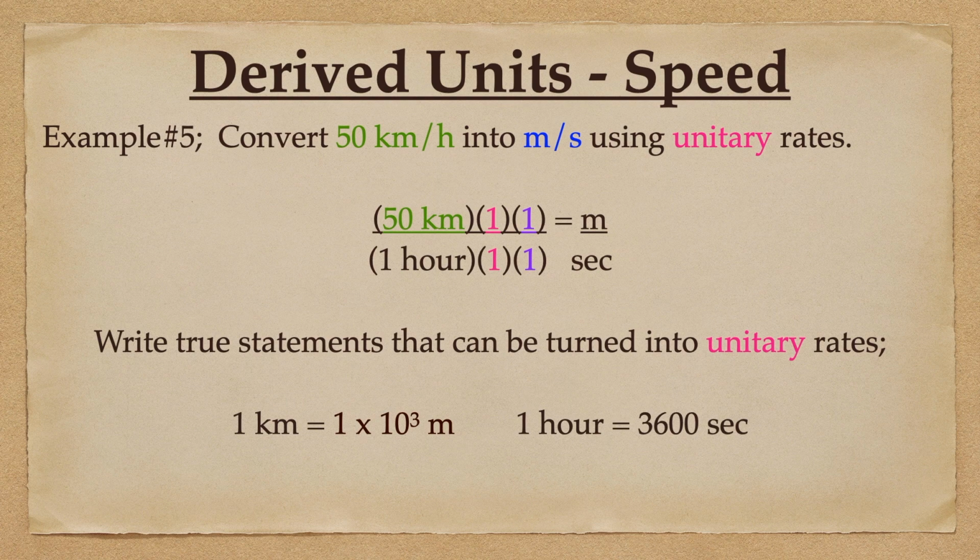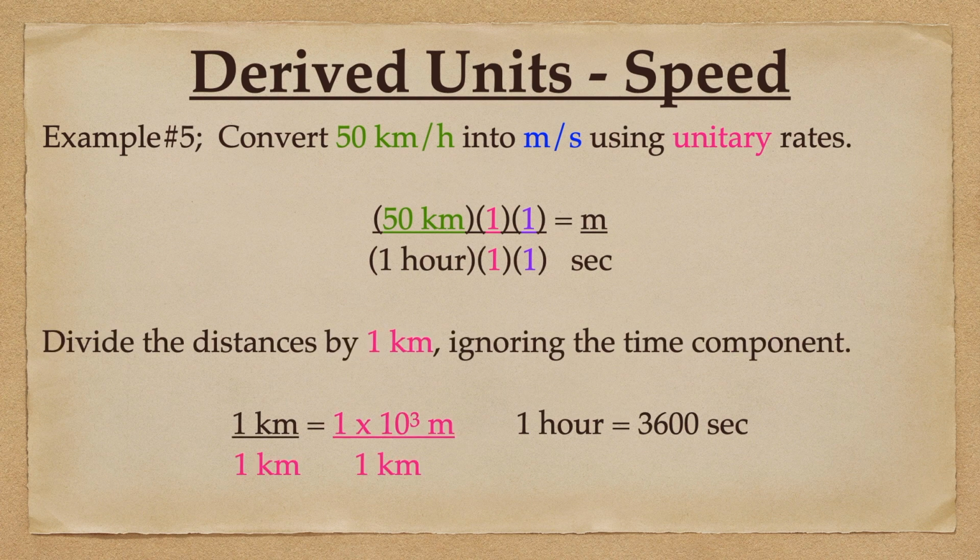Write the true statements. 1 kilometer is 1 times 10 to the 3 meters. 1 hour is 3,600 seconds. In this case, we want to cancel out the unit kilometers, so divide both sides of that equality by 1 kilometer. The unitary rate will then be 1 times 10 to the third meters divided by 1 kilometer.